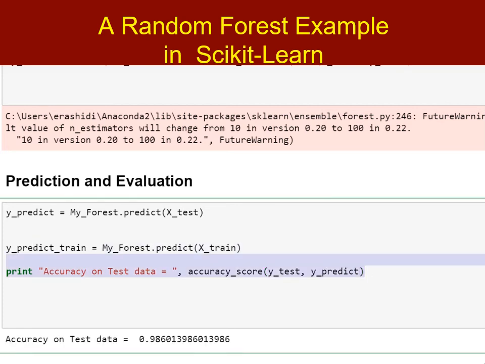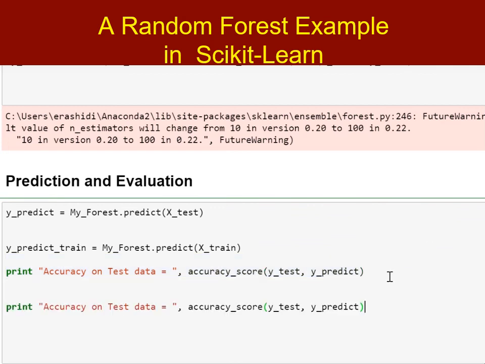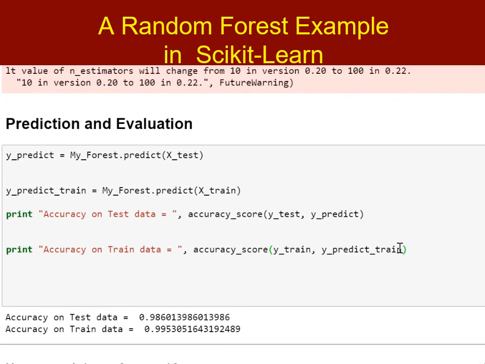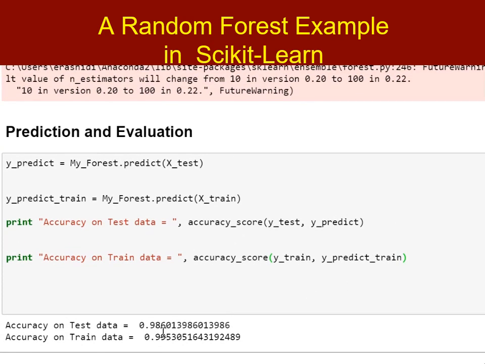And then we're going to do the same for our training data set. All right. So the accuracy score on the test data set is 99% almost, 0.986, and for the train data is 0.995, which is a much smaller gap than what we had for just a single tree.